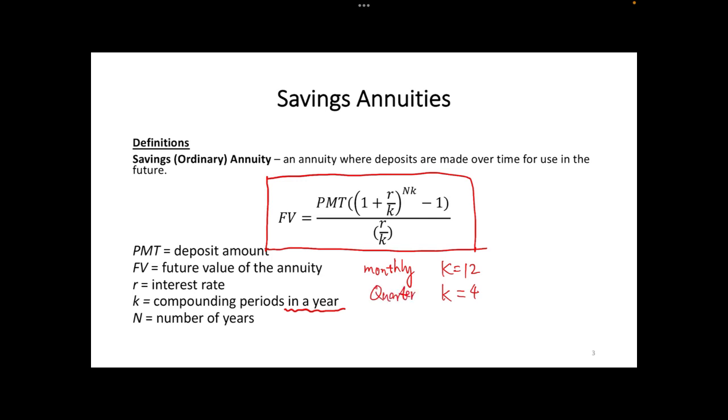If semi-annually, K equals 2. If annually, K equals 1. It's similar to compound interest. There we used N to represent that, but here we use a different letter, and N represents the number of years.